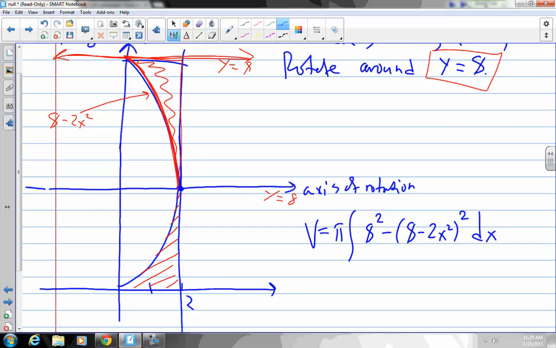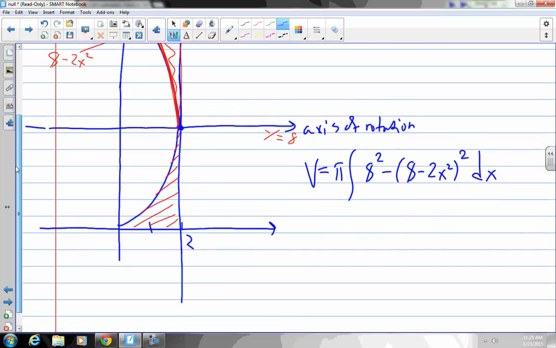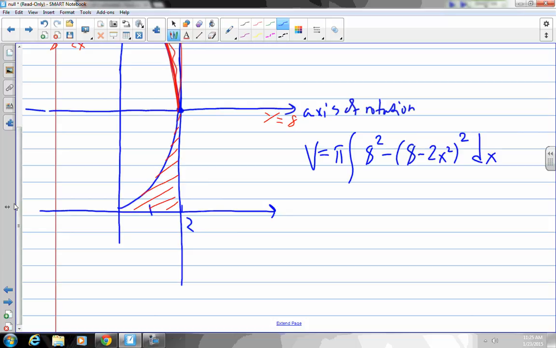And what are the limits? 0 to 8 or 0 to 2. We're doing the dx thing, so 0 to 2. X varies from 0 to 2. Okay? So whatever that equals. We'll get that, right? It's a nice integral.